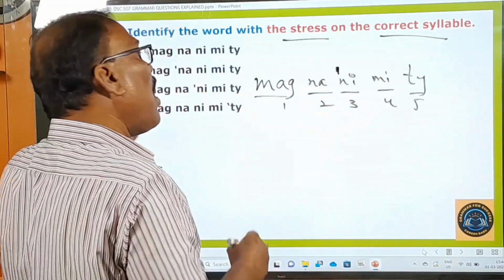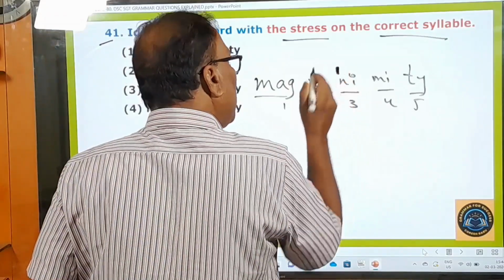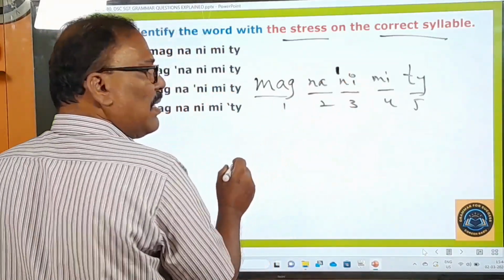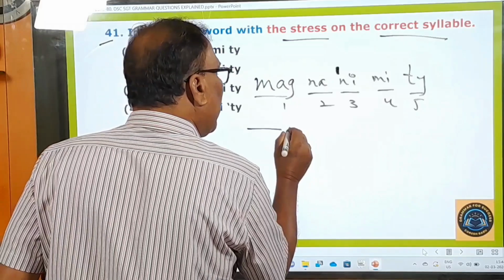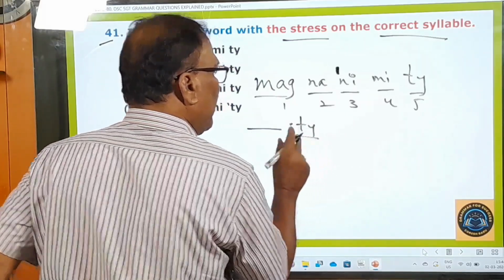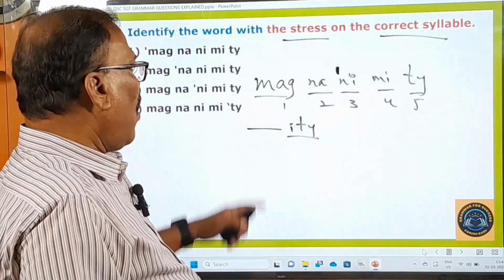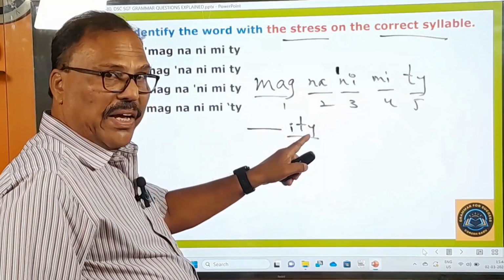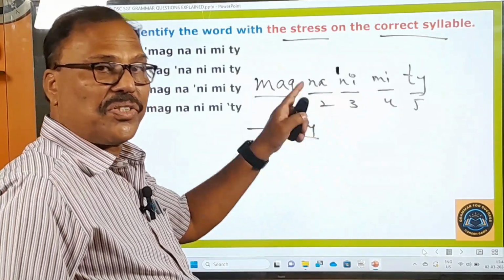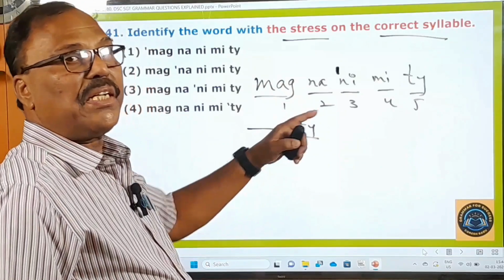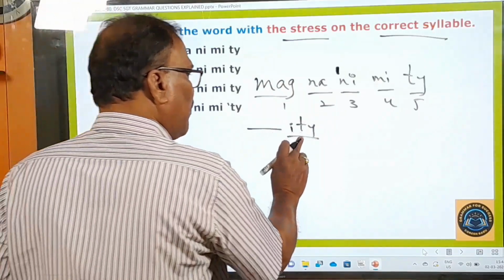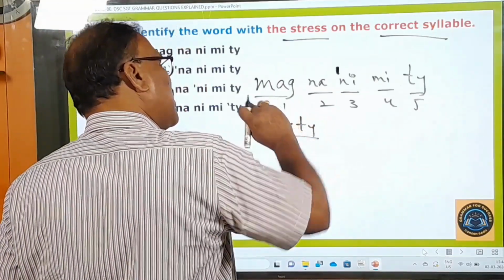So why is this so? See, now there is a rule in the English language. All the words ending in ITY, remember, ITY, are accented or stressed on the syllable preceding the suffix. So this is the suffix and the preceding syllable will receive the stress.